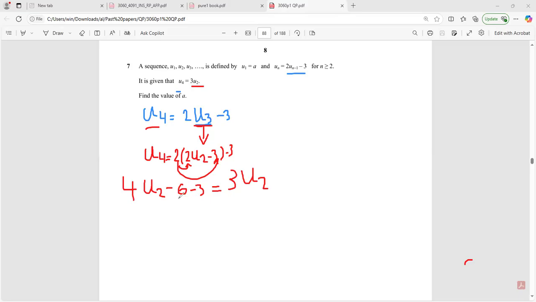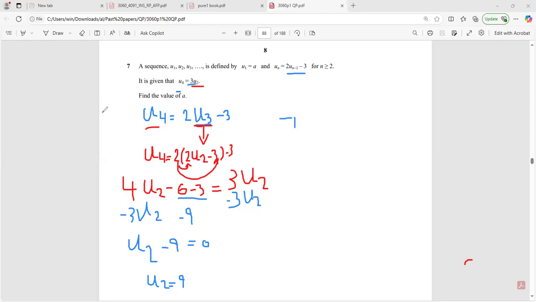And here, negative 6 minus 3 will be negative 9. And here we're going to move minus 3 times the second term. So the second term minus 9 equals 0. Then the second term equals 9.